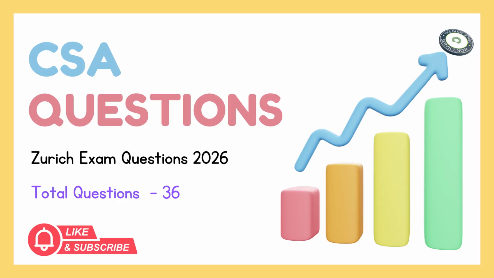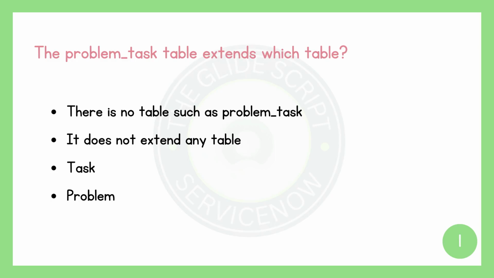For this part, question number 1 is: the problem_task table extends which table? There is no table such as problem_task, the first option. It does not extend any table, task or problem. These four options are given and you will have to select the correct option. And the correct answer is task. We will verify it in the PDI.